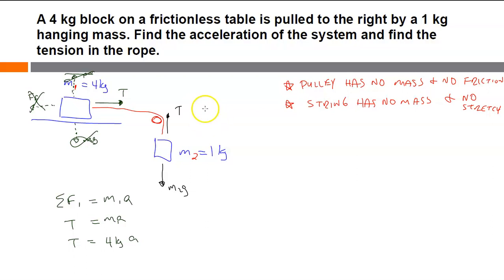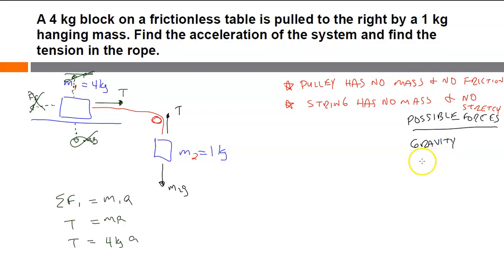There's a little list of possible forces I'd like you to run through every time we do one of these. The possible forces that tend to go in your picture would be gravity.